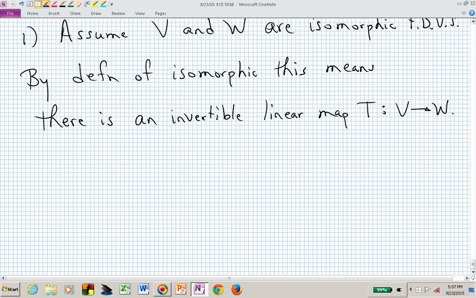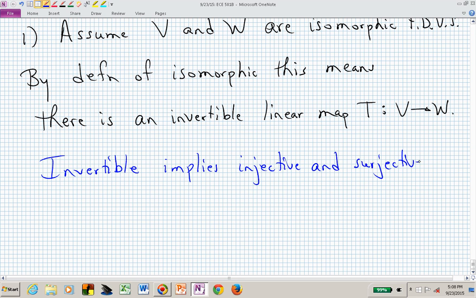Before we say anything about the same dimension, let's go back a little bit further to one of the first things we talked about today: if I have a map that's invertible, it's invertible if and only if it's one-to-one and onto, or injective and surjective. So let's now say that the fact that it's invertible implies injective and surjective.